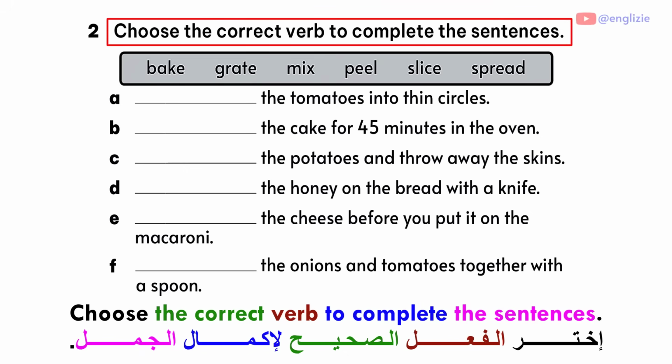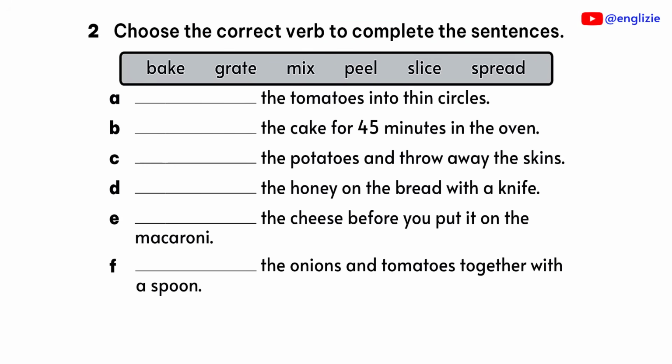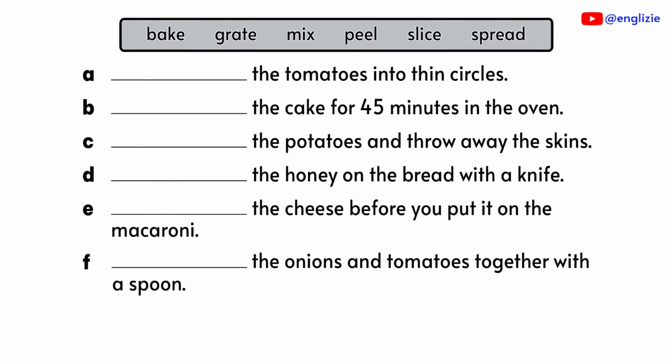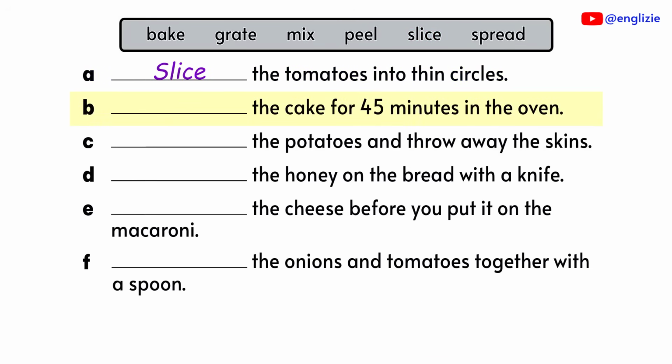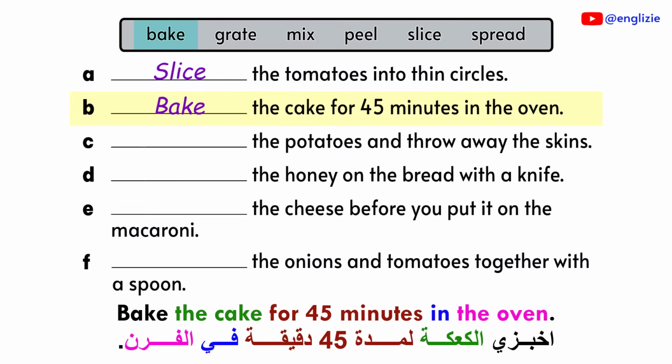Choose the correct verb to complete the sentences. A. Slice the tomatoes into thin circles. B. Bake the cake for 45 minutes in the oven.